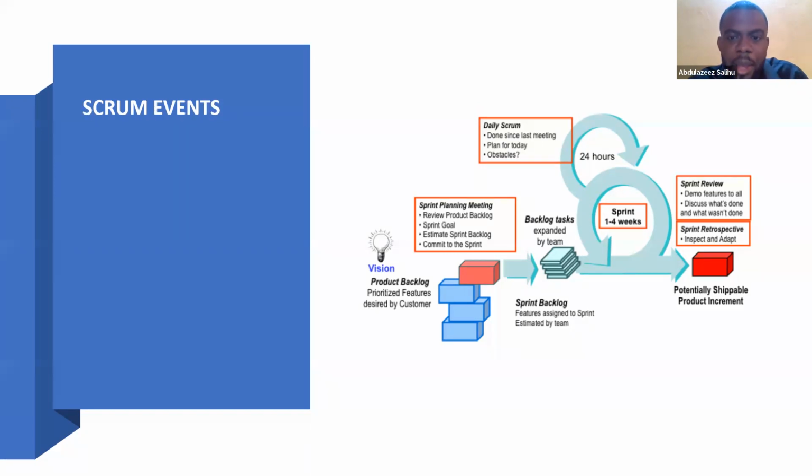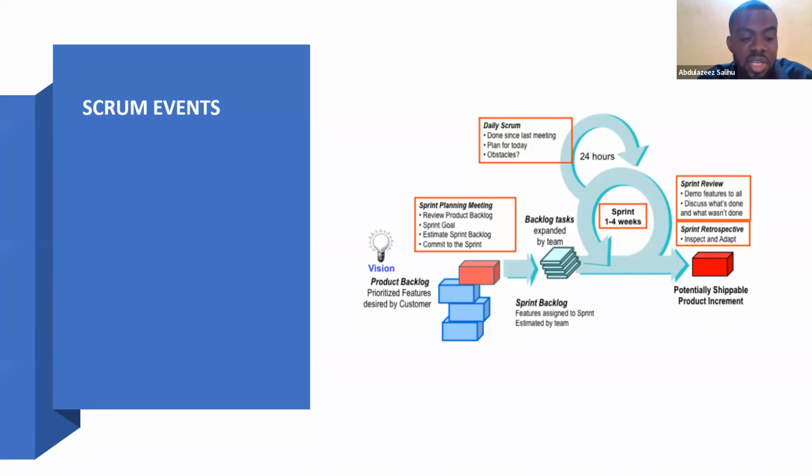So from your sprint planning meeting, which is what happens at the beginning of the sprint, you move to your daily Scrum or daily stand-up, as they call it. It's only 15 minutes. It happens every 24 hours. And how does the event run?